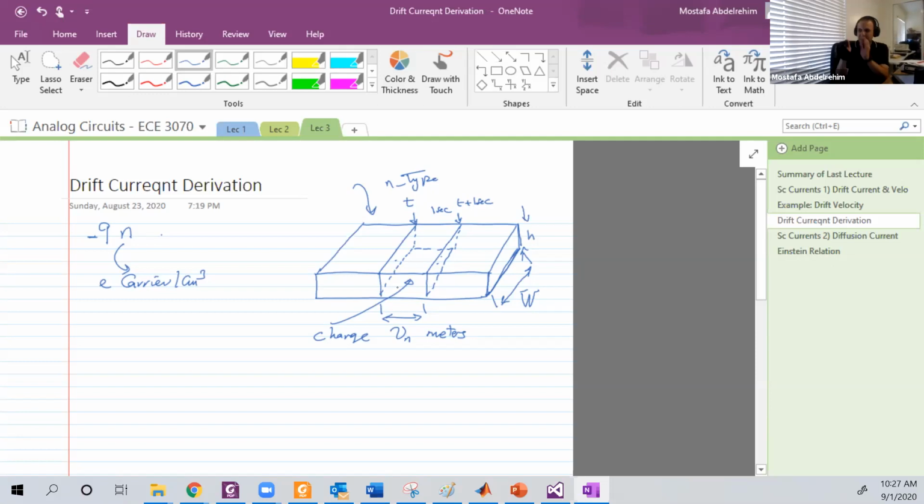So remember, n is just a density, it's not a charge. To convert it to a charge, you must multiply by the charge in coulombs, which is q, the charge of 1 electron. And here it is electrons, so I put the minus. Okay, this is now a charge density.